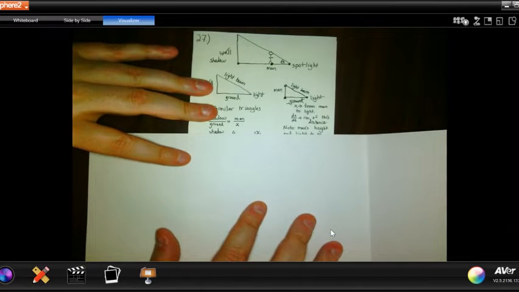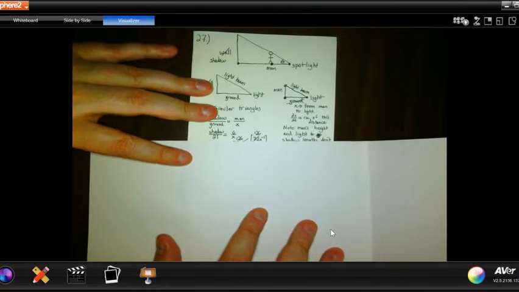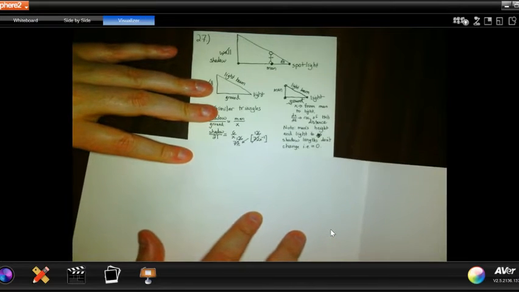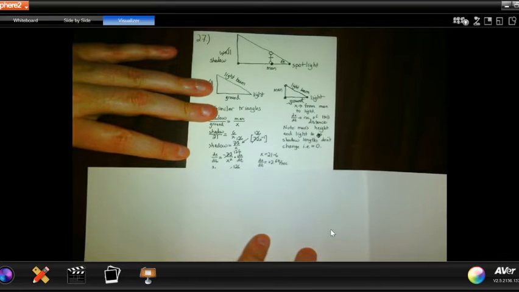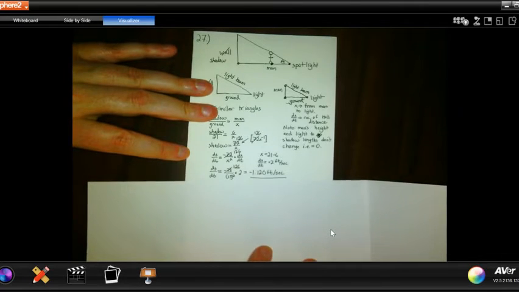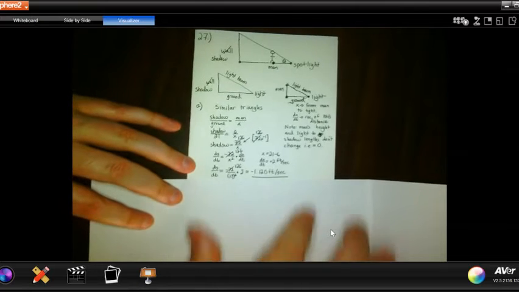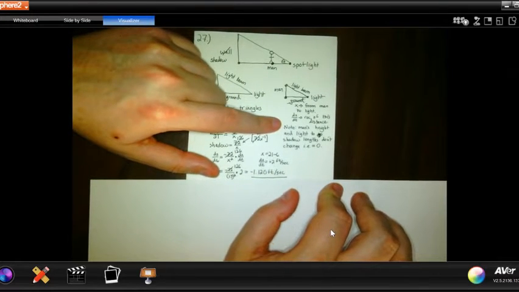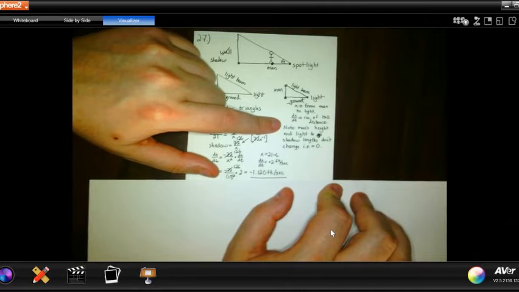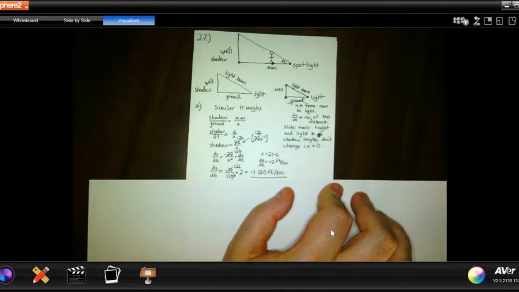Now, in order to solve this ratio, we need a bunch of useful information. And some of that useful information comes from calculating, and some of that useful information does not come from calculating. So let's talk about the useful information. The first ones I noted over here. The height of the man and the distance from the light to the shadow are not changing.